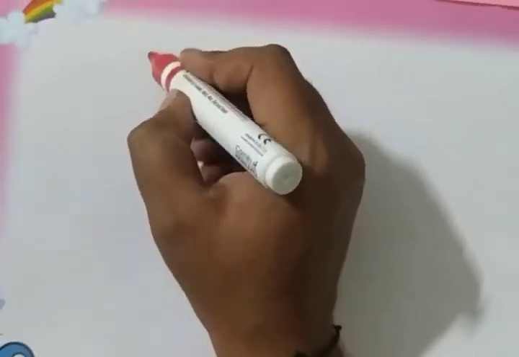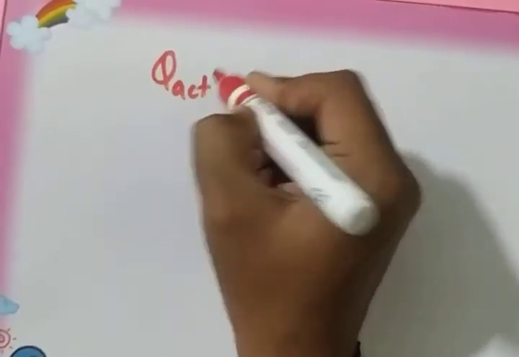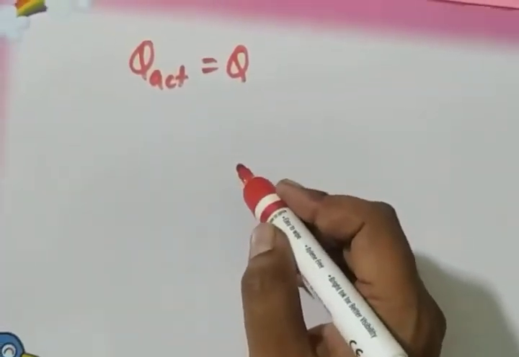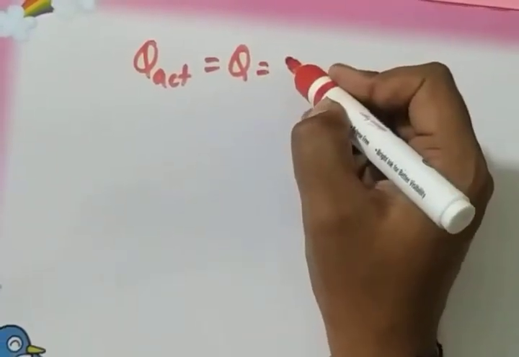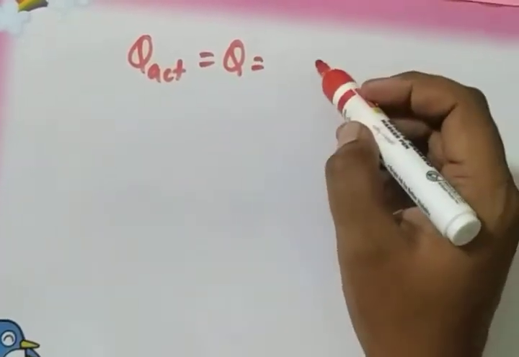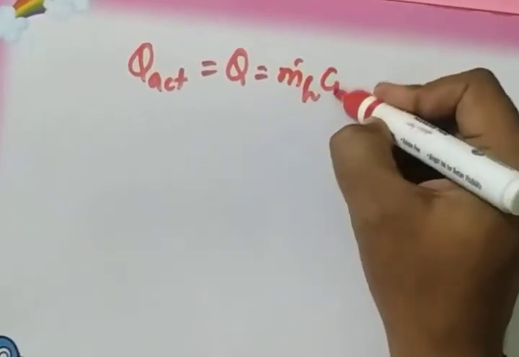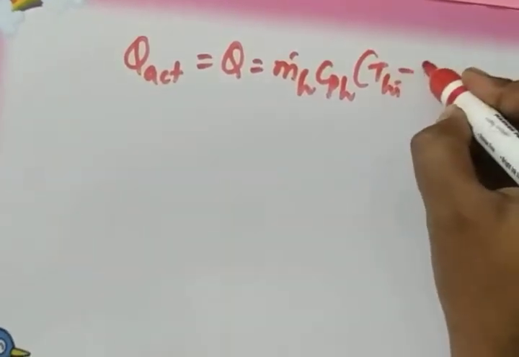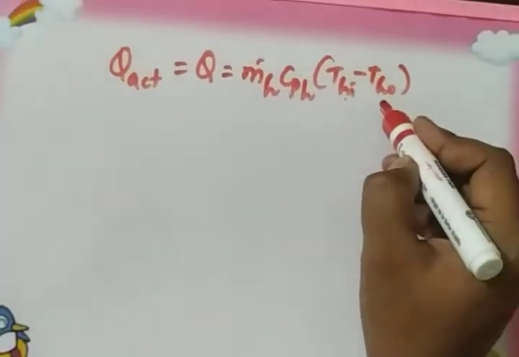By definition, from the basics of heat exchangers, we already know that the actual heat transfer Q actual is nothing but Q, the actual rate of heat transfer occurring between the two fluids. This Q is nothing but the heat lost by the hot fluid, which is given by m dot h Cph into the temperature difference for the hot fluid, that is Thi minus Tho.